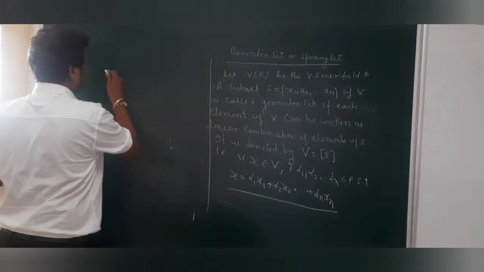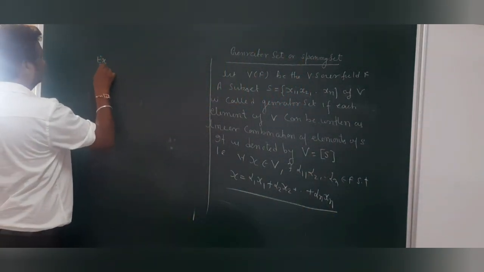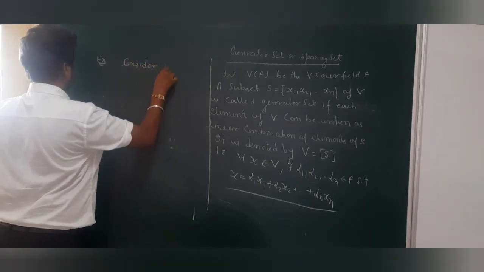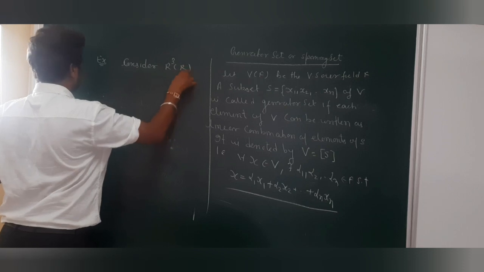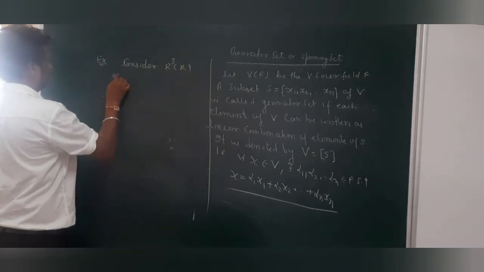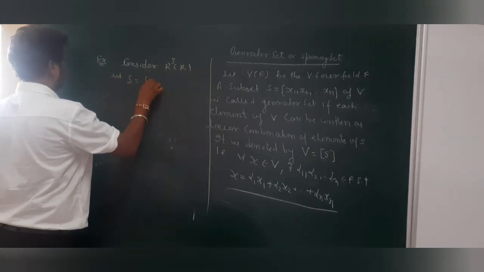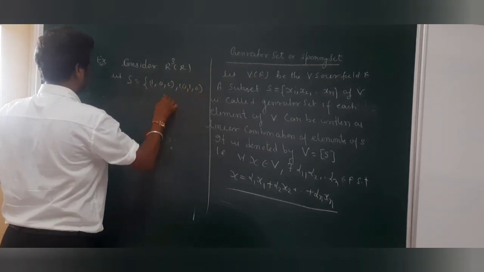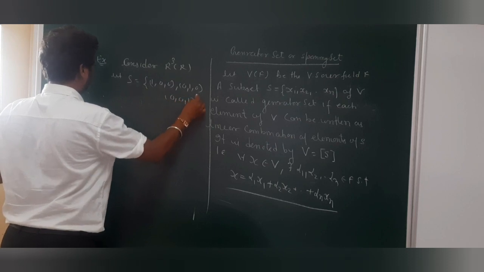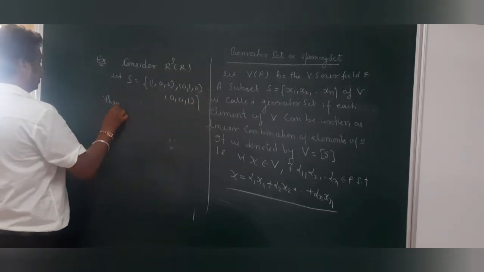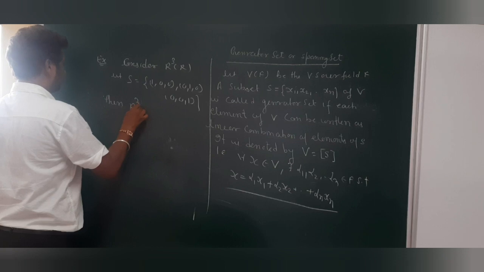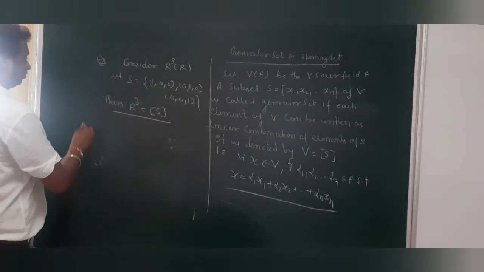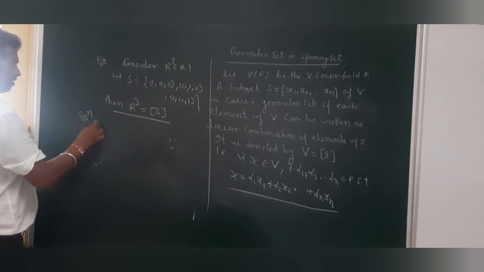For example, consider R cube over R. Let S be the same: (1, 0, 0), (0, 1, 0), (0, 0, 1). Then R cube is generated by S. How do we prove? It's easy.